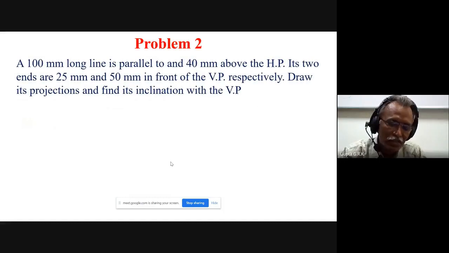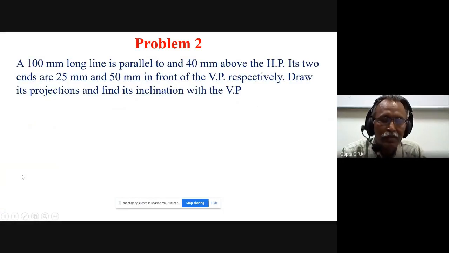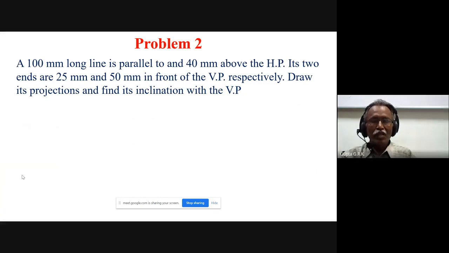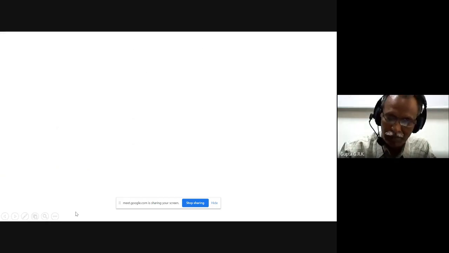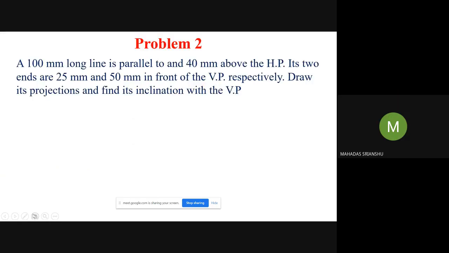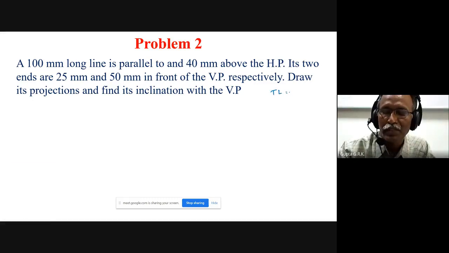Okay, now we will see it for the problems. A 100 mm long line. What is given here? 100 mm long line means true length is equal to 100.